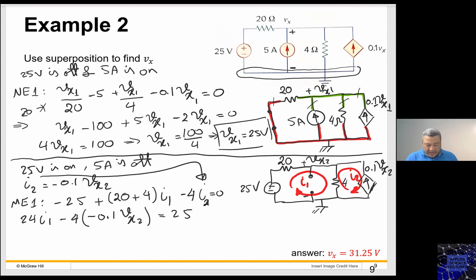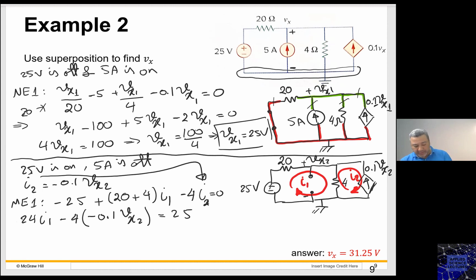I have Vx and I have I1. I need to come up with a relationship between this variable, Vx2, from the dependent source, in terms of my standard variables that are the mesh currents, right? We've seen that before. So I need to find the relationship between Vx2 and I1, I2.